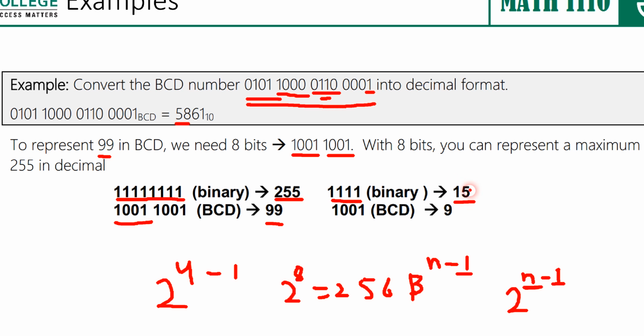So we would be left with 15. But in the case of BCD, binary coded decimal, this is the maximum we can go, right? As soon as you turn any other bit on, I just turned the third bit on, this is not a valid binary coded decimal number because the maximum number we can represent is 9.